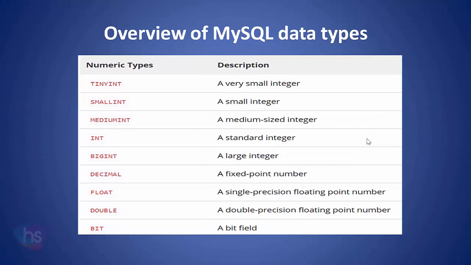Now the numeric data types, especially tiny int, very small integer, small int, medium int, int, big int, decimal, float, double, bit. These are what we call numerical data types.